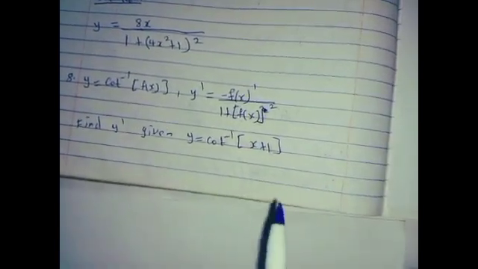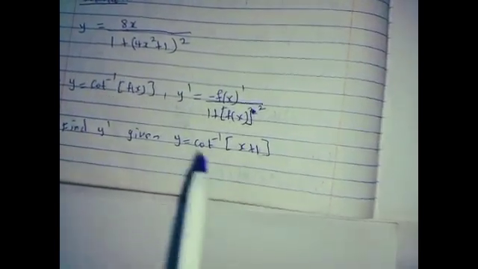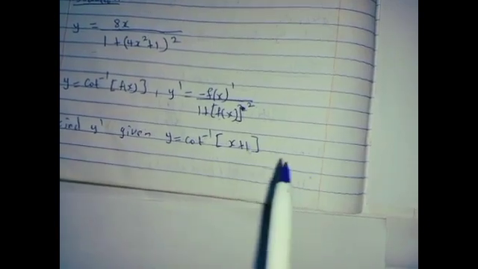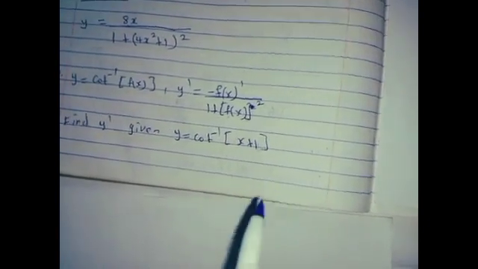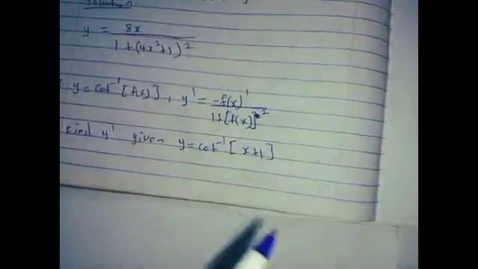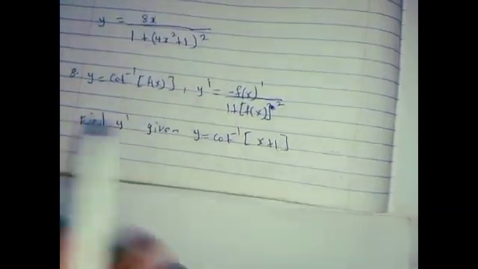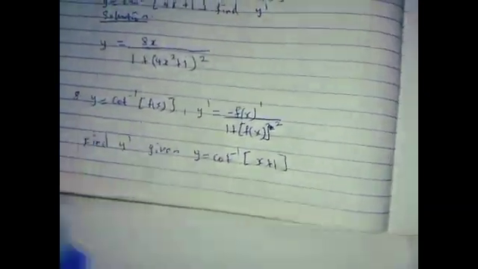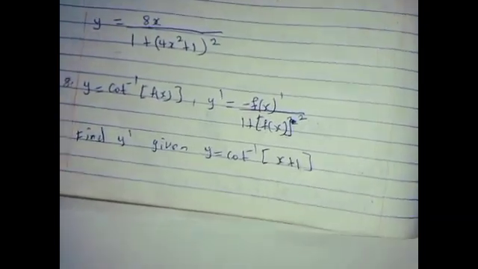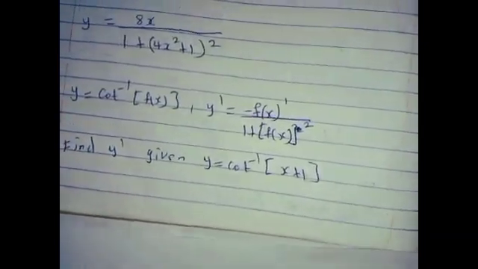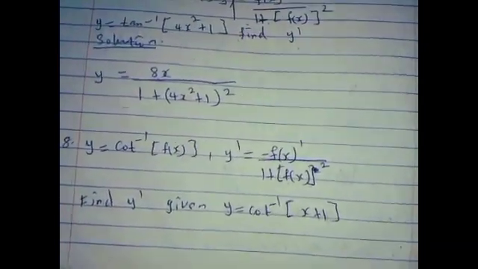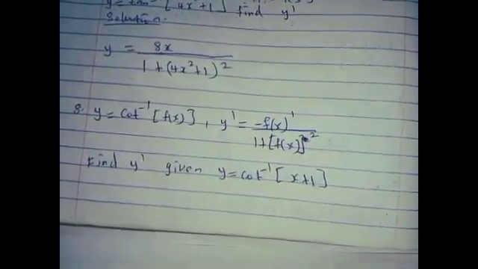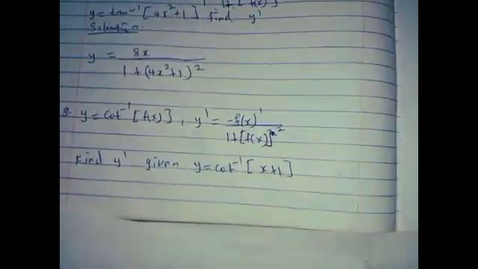A good example: find y prime given that y is equal to cot inverse of f of x. For those who don't know this result, I have already given the video. You can go through it and see how this result is easily obtained as you become a mathematician and scientist.